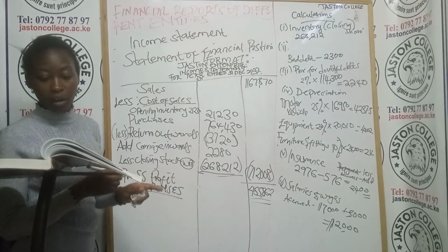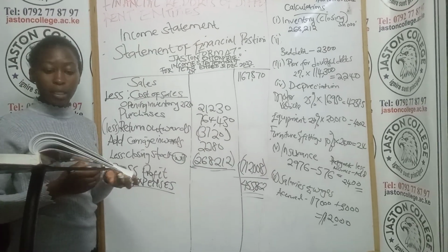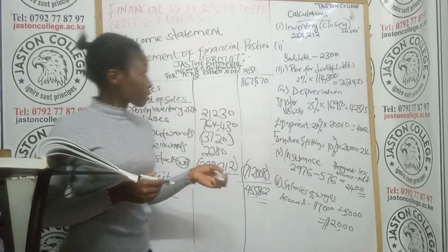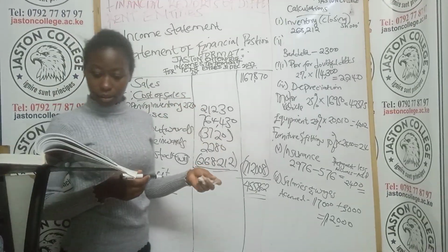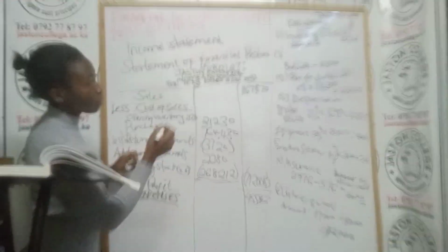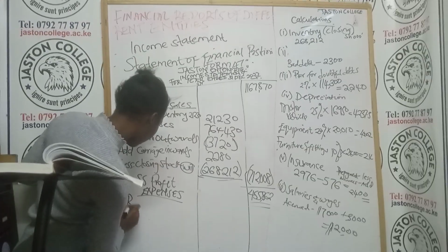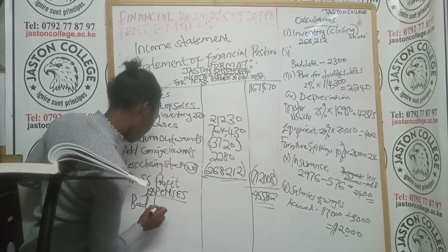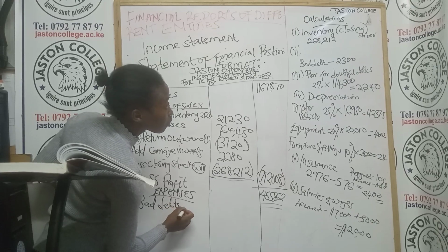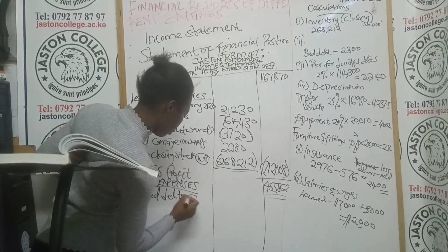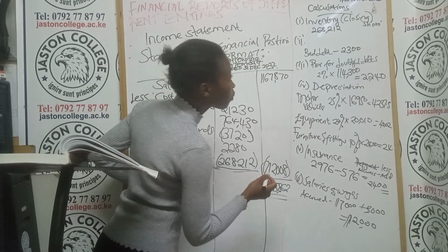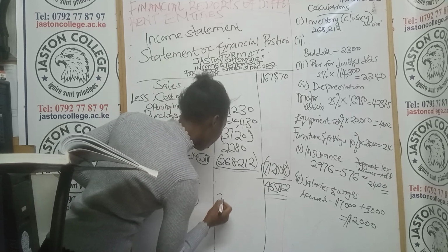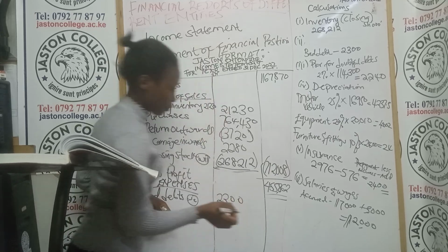And our expenses, we have the bad debts, which we incurred in note 2, working number 2, which is 2,300.